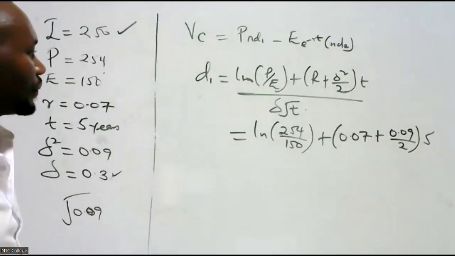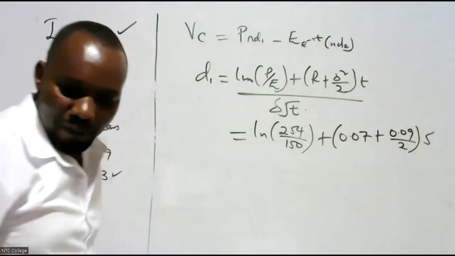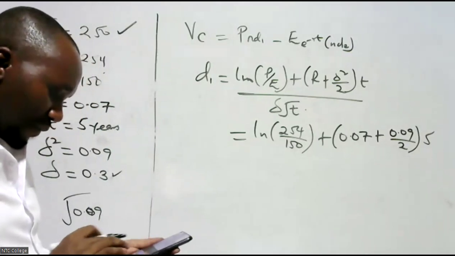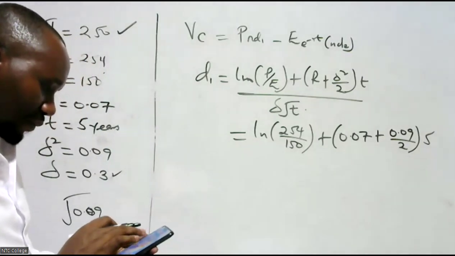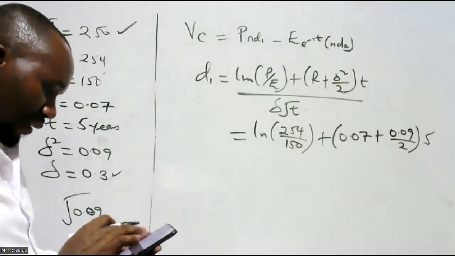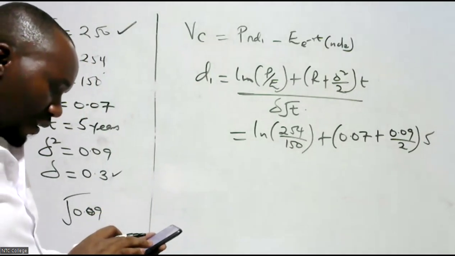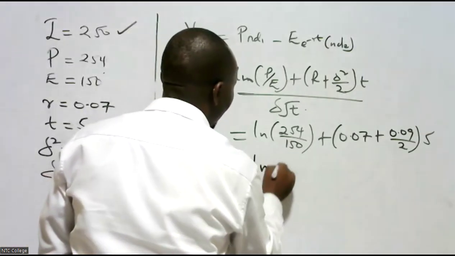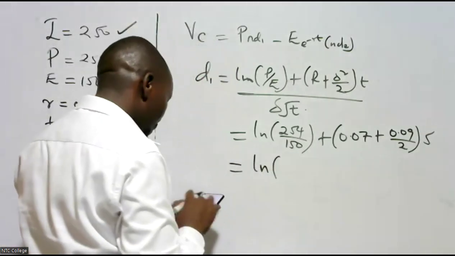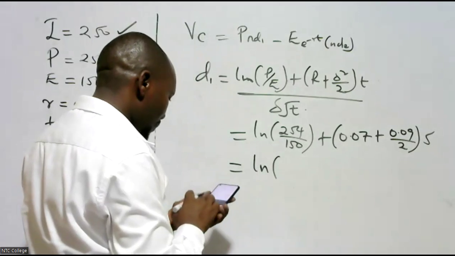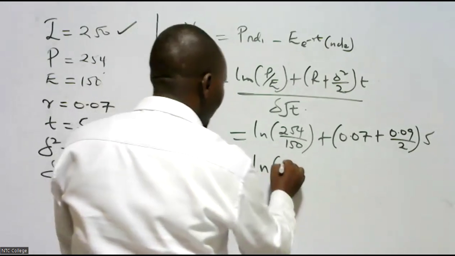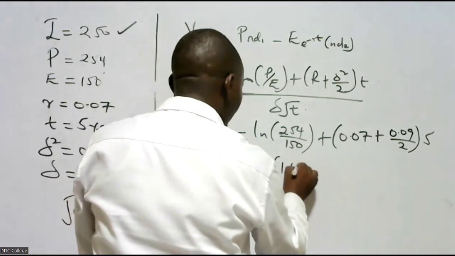Are we together there? Okay. I ask that we do this quickly because of time. So this one is Ln of 254 divided by 150.